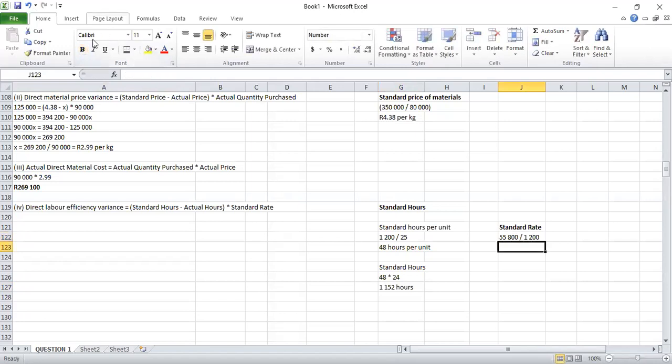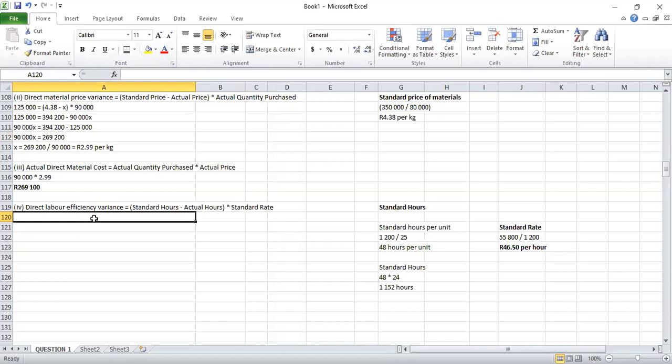What do we get? 46.5 per hour. So we can come here and say our direct labor efficiency variance, which was given at 15,000. Okay, it's unfavorable, so I'll put it as negative.